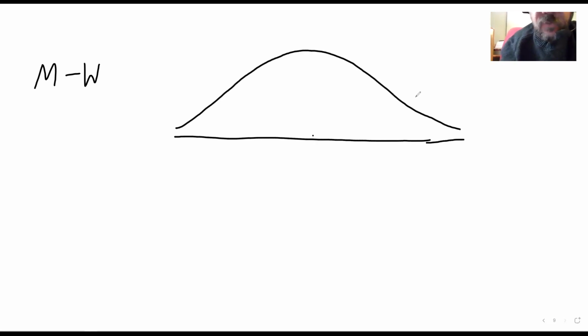So this is 5.2, 5.2, and this is n, 3.466.